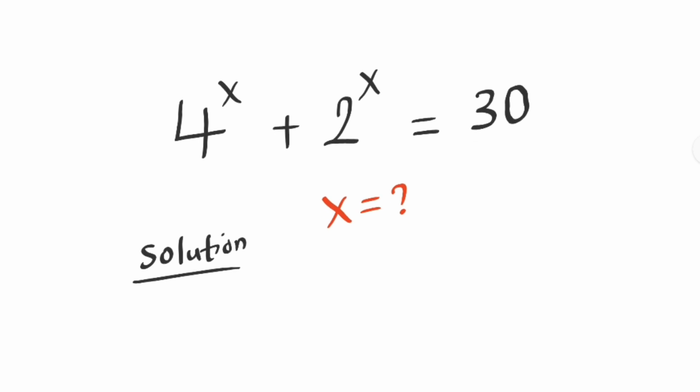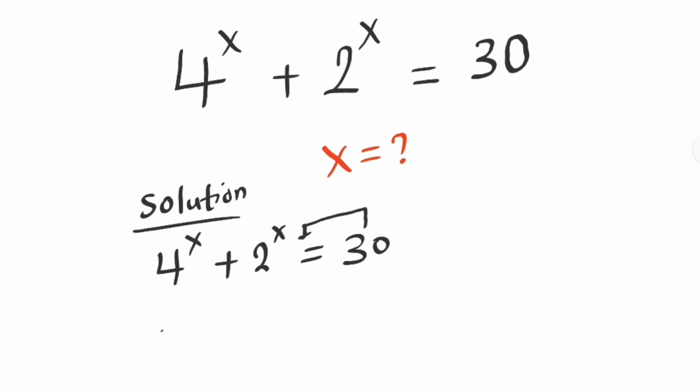We have the given equation 4 raised to power x plus 2 raised to power x is equal to 30. Let us start by bringing this 30 to this side. Then we have 4 raised to power x plus 2 raised to power x minus 30 is equal to 0.